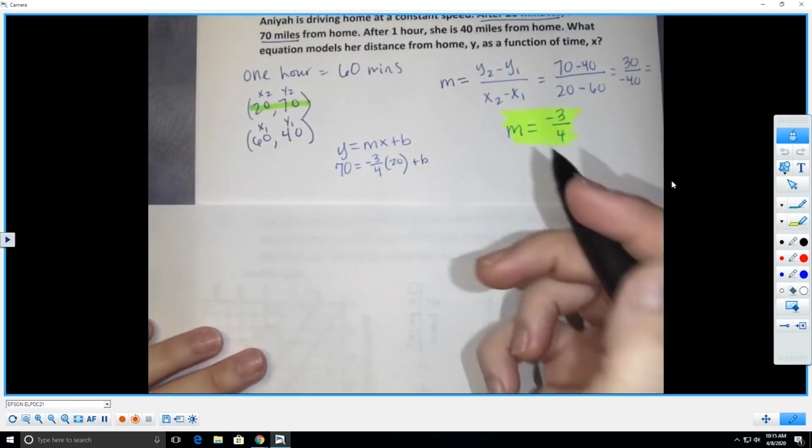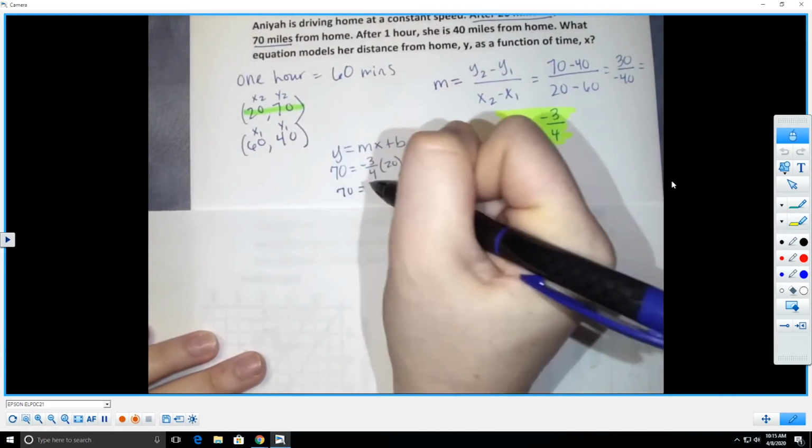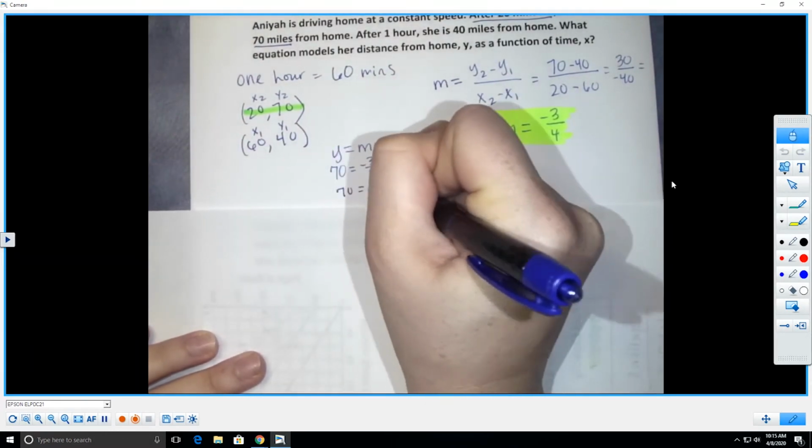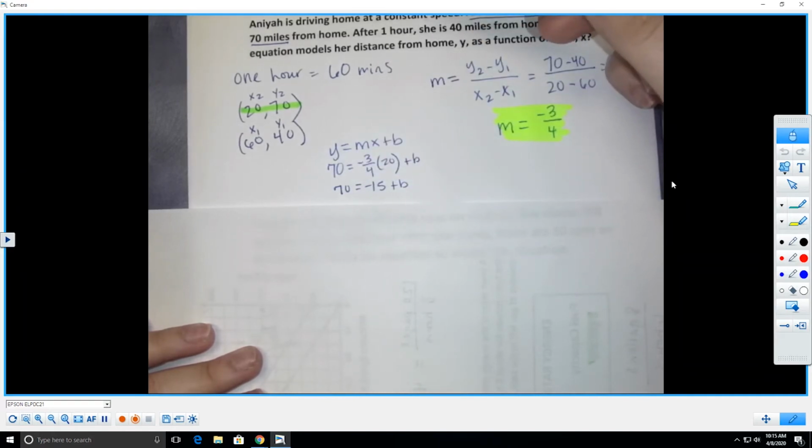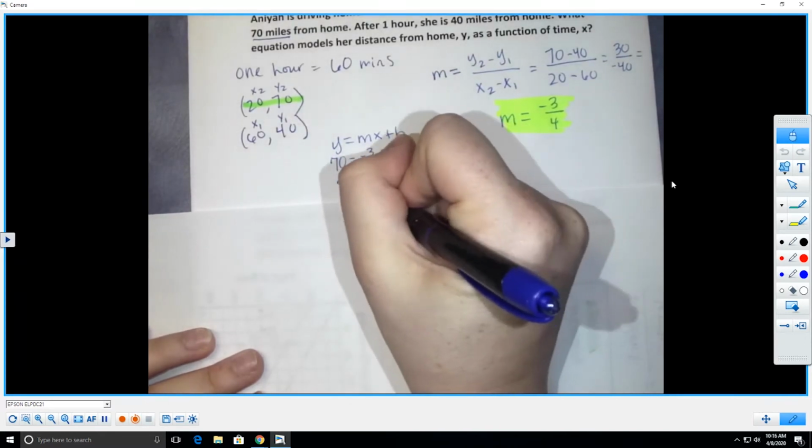So once I plug that in, I get 70 equals negative 15 plus b. Don't make this harder than it has to be. What plus negative 15? Remember that adding a negative integer is the same as subtracting. So basically, what minus 15 equals 70? And we discover that b equals 85.